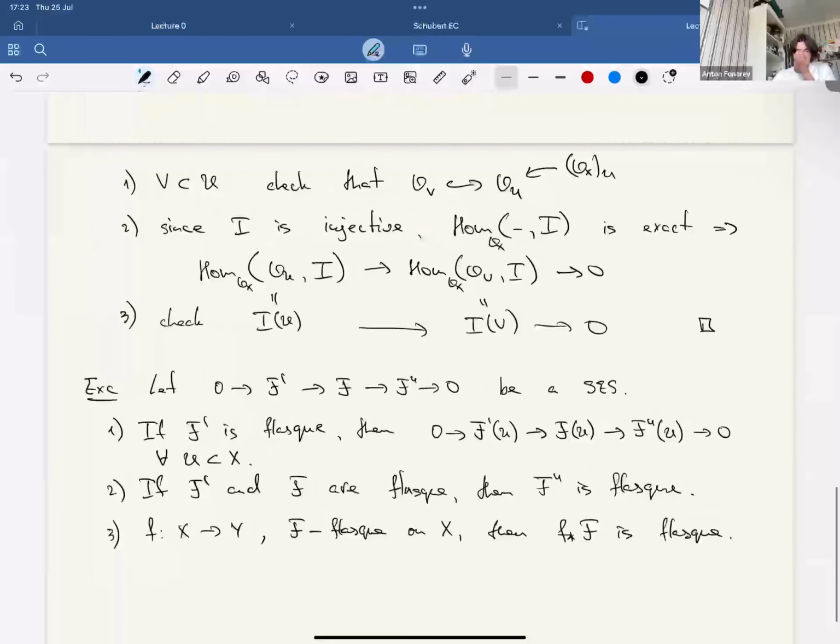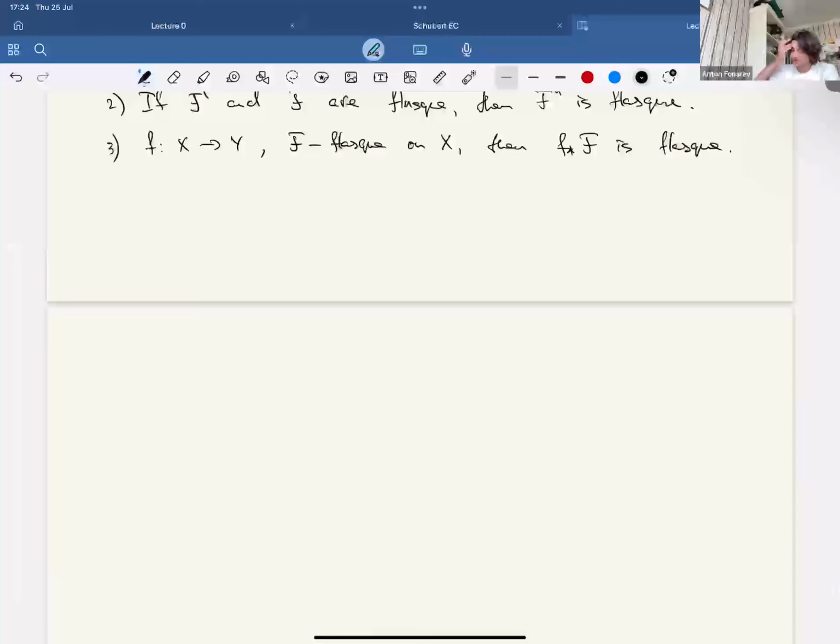So all of these are not very difficult. This is the end of the exercise. And as a corollary, we see that flasque sheaves have no higher cohomology.